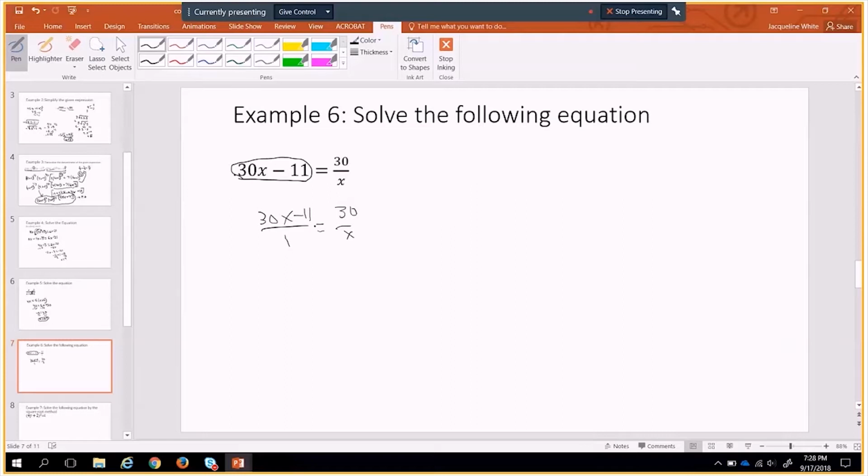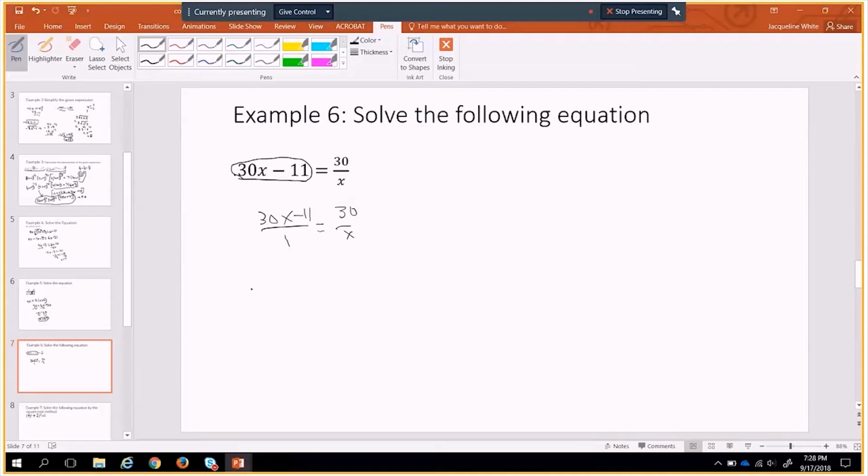And this technique is going to work out perfectly for you guys, right? So if we know that 30x minus 11 is over 1, that means we can do the same thing as we did in the prior problem and multiply both sides by cross multiplying.